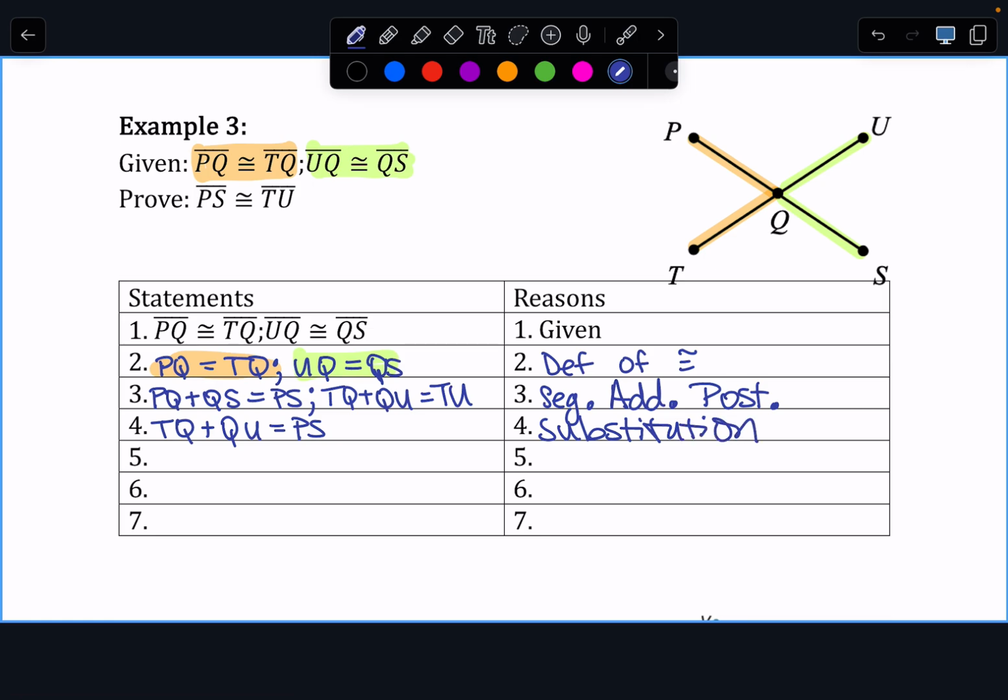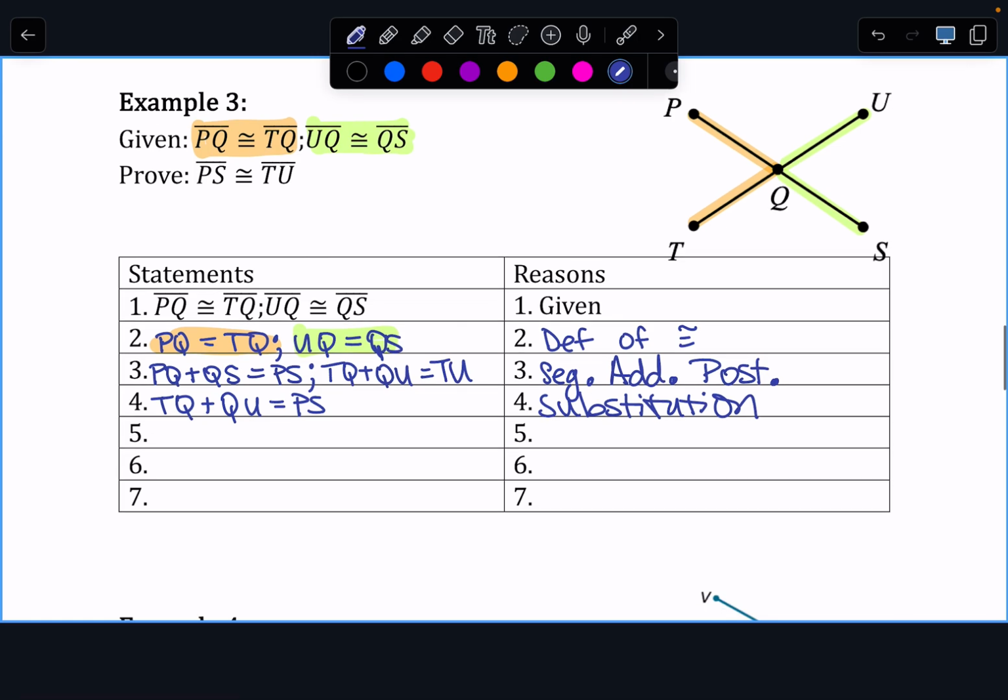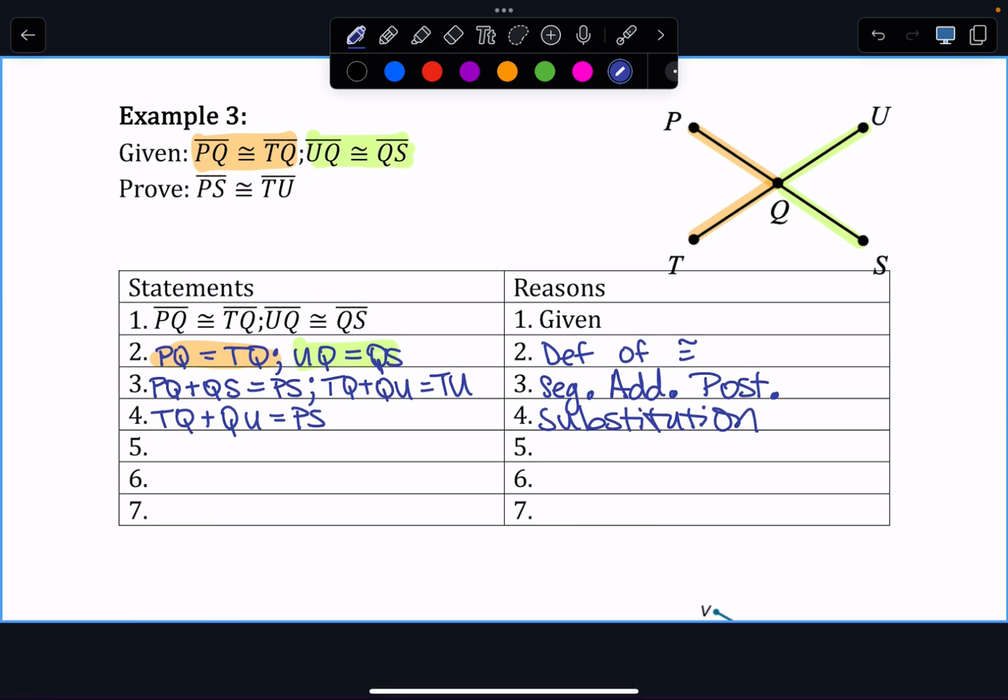So then PQ plus QS. Oh, hold on. Don't get too excited here. Aren't these two the same? Yeah. You just flip the answer. Okay, so PS is TU.